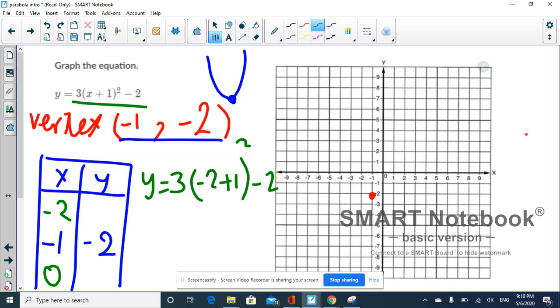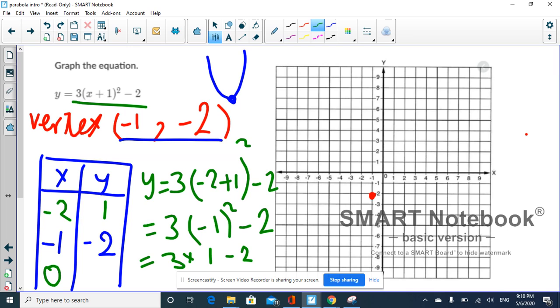So what I did is plug in x equals -2. y equals 3 times (-2 + 1), which is -1 squared, minus 2. 3 times -1 squared: -1 times -1 is +1, minus 2. 3 times 1 is 3, 3 minus 2 is 1. This is the final answer for the first point, -2. Then the y coordinate, or the value of the function, will be 1.